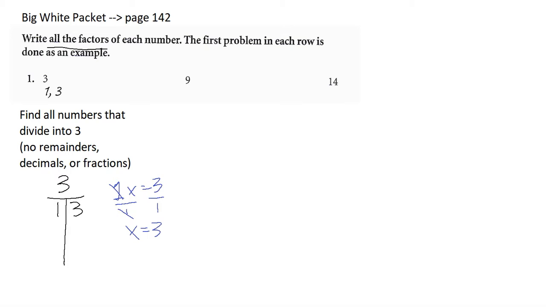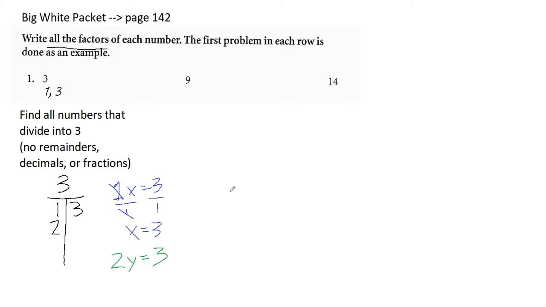Okay. So I'm going to be methodical about this. I'm going to have a process. I'm not just going to guess numbers. So on the left side, I start with 1. I always start with 1. And then next, I'm going to try 2. So I'm thinking to myself, 2 times what gives me 3? Again, I can use some algebra here. I can say to myself, 2 times, I'll call it y this time, 2 times some number gives me 3. And I wonder, what is that number?